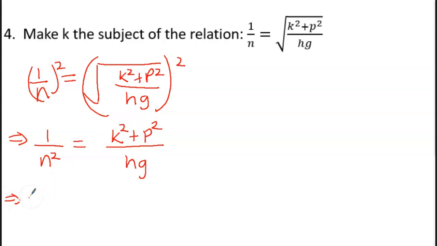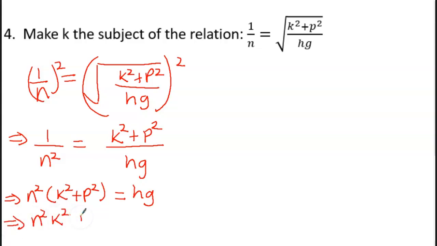You have n squared times k squared plus p squared is equal to hg times 1, which is still hg. We can expand because we have it.